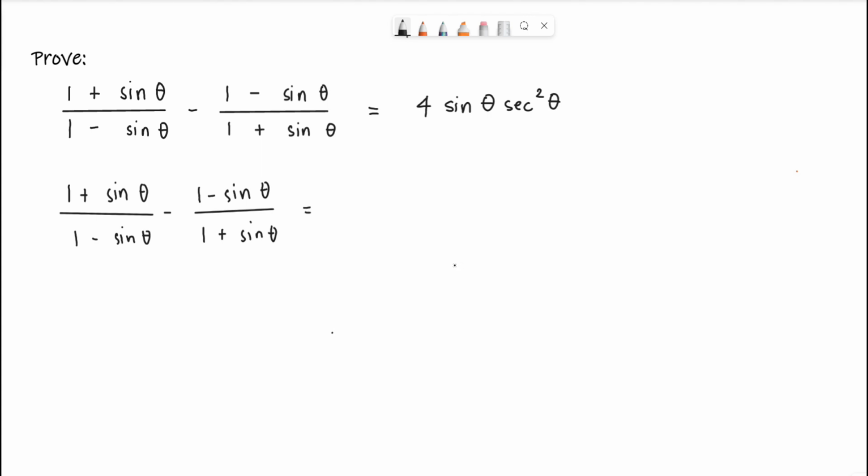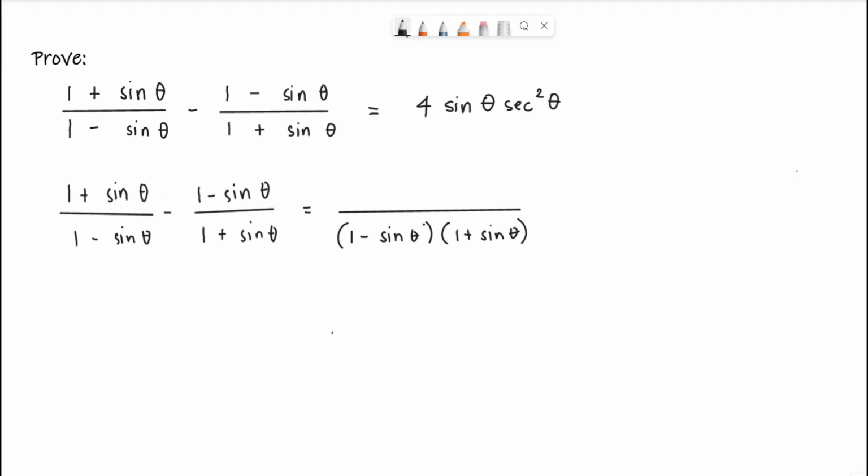Okay, by combining the two terms that we have, we will first find the LCD. In this case, we are going to multiply both the denominators of our two terms. So we will have 1 minus sine theta times 1 plus sine theta. And then, if we divide this LCD by this denominator, we cancel 1 minus sine theta, and the remaining term, 1 plus sine theta, will be multiplied to our numerator.